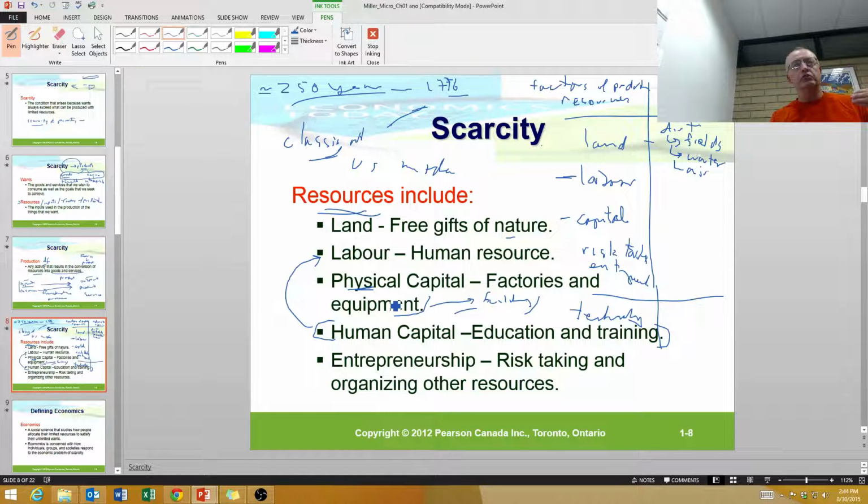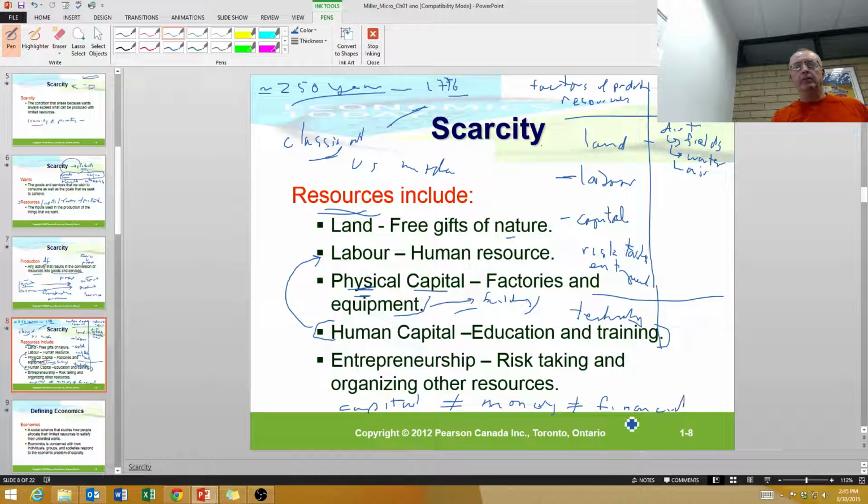When you speak about capital in economics, we mean physical capital. So capital is not money. It is not financial capital.